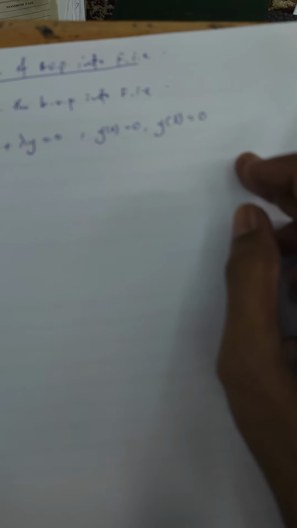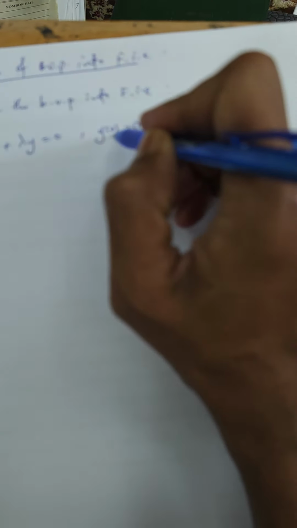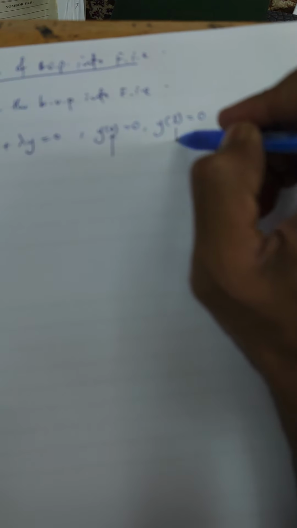If you look at these conditions, we have different points of x: x equal to 0 and x equal to L. So this gives the indication that this is a boundary value problem.